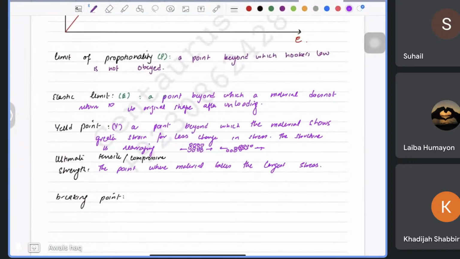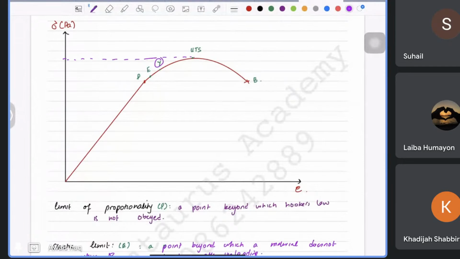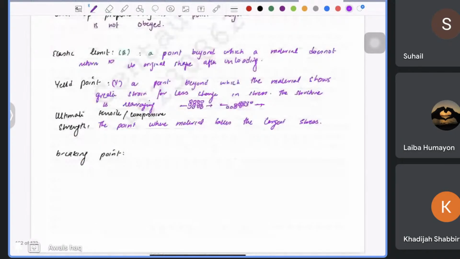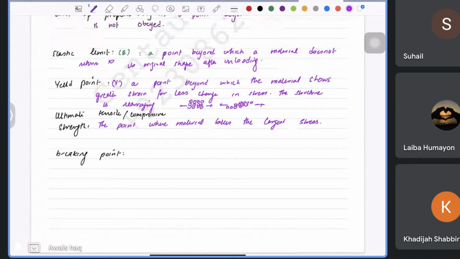Okay, so if you look at the minimum stress that a material can take, so that's something, right? And then you have breaking point, and this is a point where the material fractures.